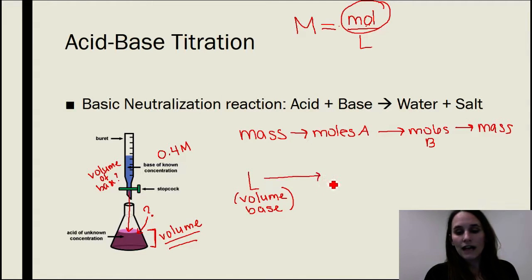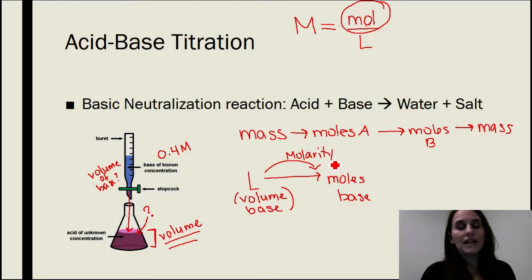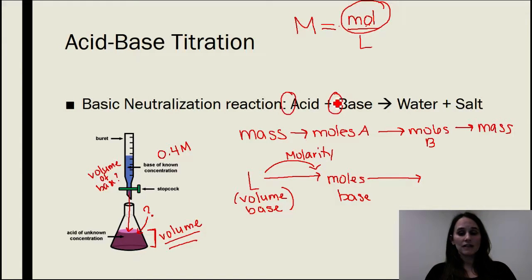And then convert that into moles of base using the molarity of the base. So I do have to know that. You can't titrate an unknown with an unknown. But once I know the molarity, I can take the volume of the base that it took to neutralize the acid, and now I know how many moles of base I added. Then I can use the stoichiometric relationship, the coefficients in the equation, to go to how many moles of acid.